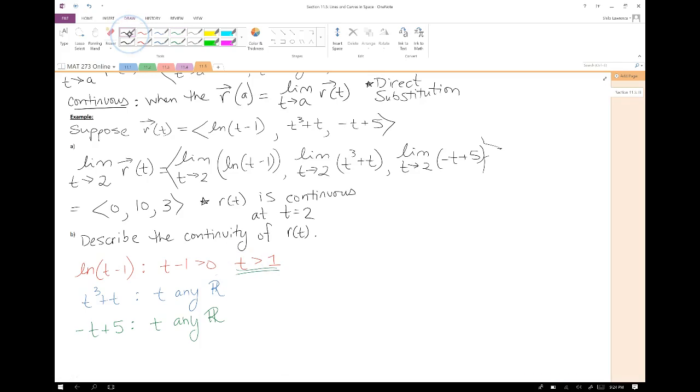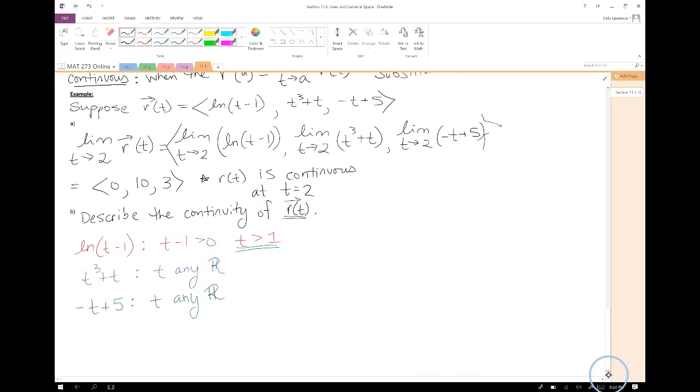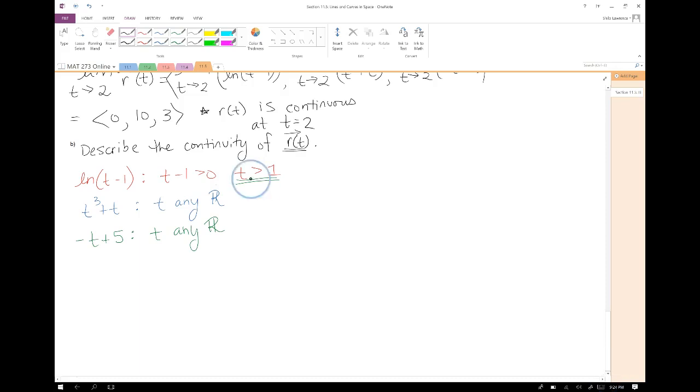And if we want to make sure that our vector valued function r of t is always continuous and we're always able to calculate that limit with direct substitution, then we need to stick with t values greater than 1. Since this question specifically said describe, I'm just going to write out a sentence. It's not like an equation or a number answer, it's a statement since we were asked to describe.